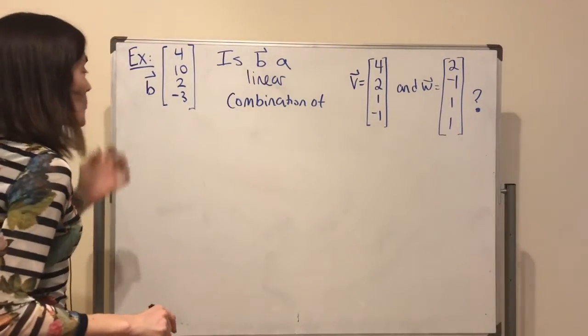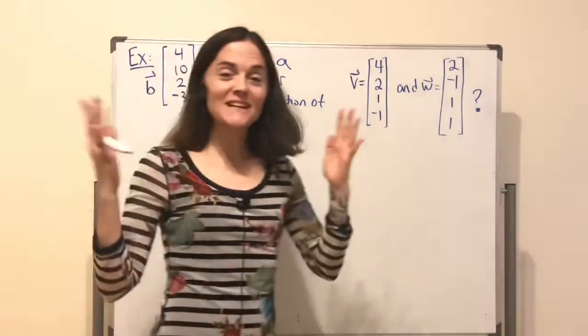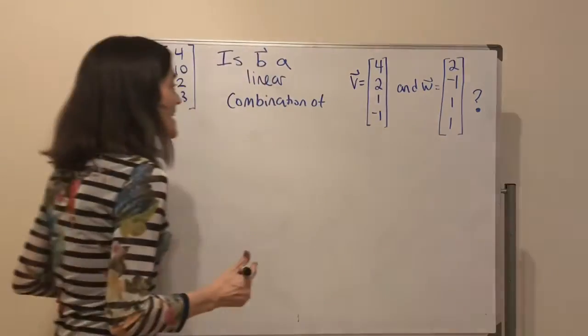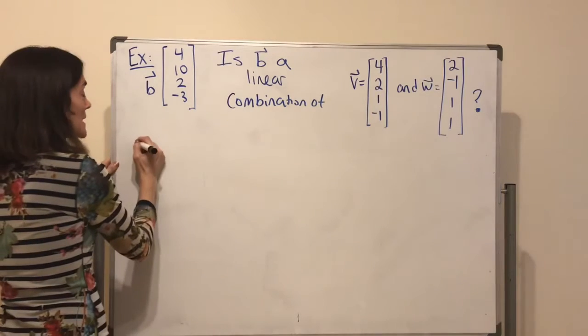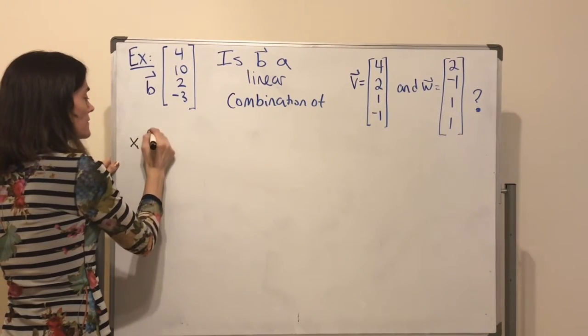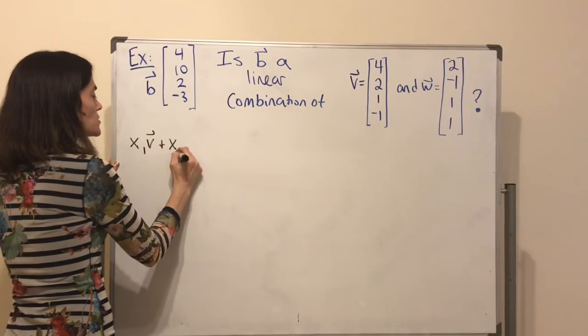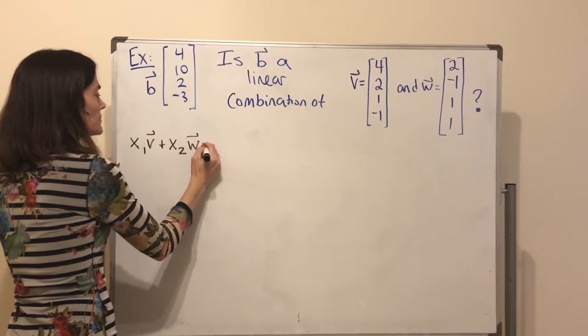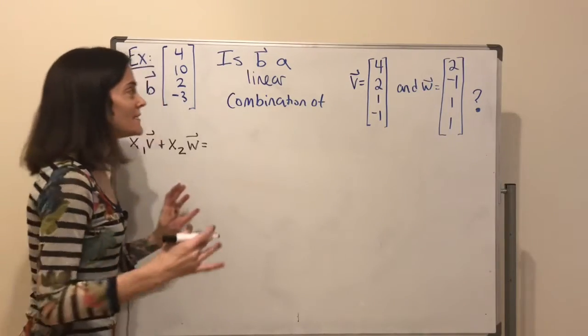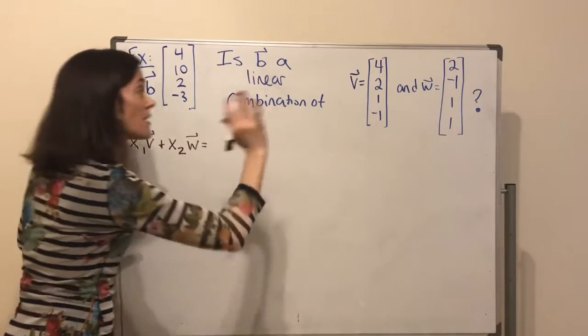Okay, how do we know how to work with things like this? Linear systems. So let us write what this would mean. If I have x1v plus x2w, this is the general linear combination of these two.